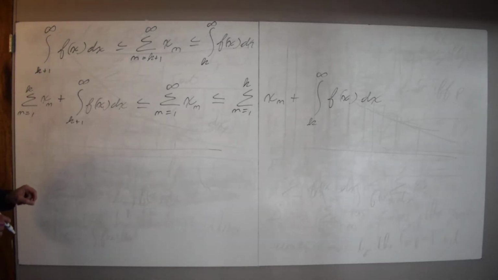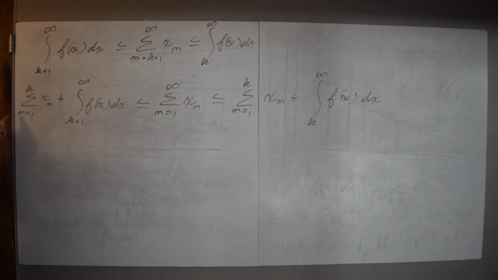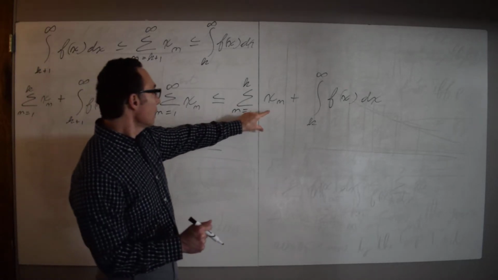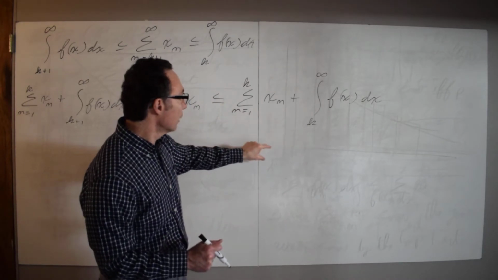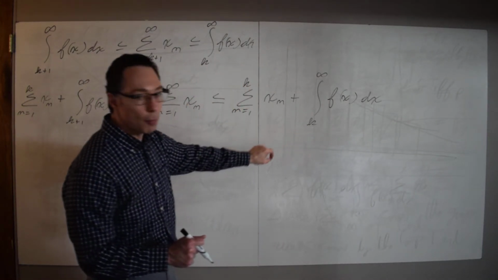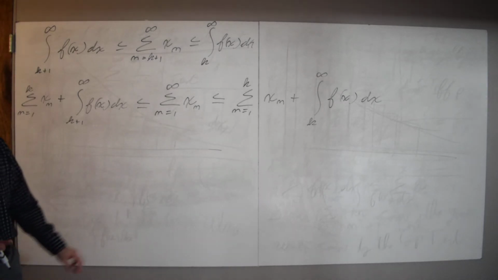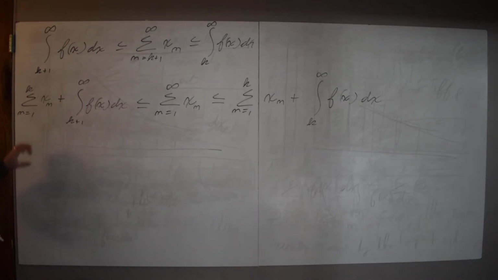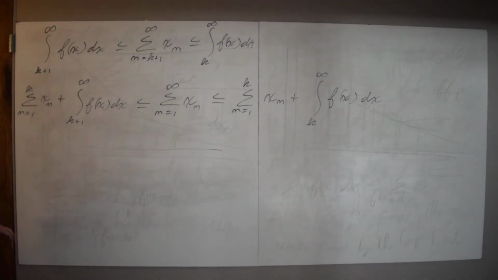The reason we're interested in this is here we're just adding a finite set of numbers. We can do that. We're calculating an improper integral here. The same finite set of numbers we're adding here, and then we calculate another improper integral. This gives us a bound for our series. And then we can subtract this sum all the way through.